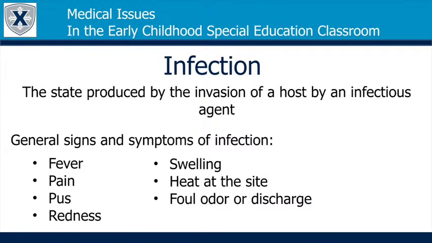Okay, so our next topic is infection. An infection is the state produced by the invasion of a host by an infectious agent. Some general signs and symptoms of infection are fever, pain, pus, redness, swelling, heat at the site, and foul odor or discharge.